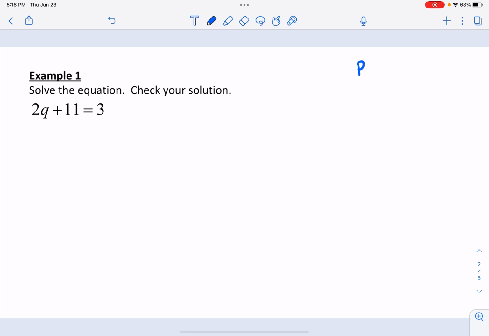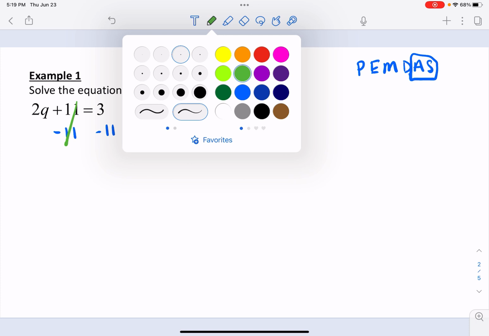Our order of operations was PEMDAS. So look at our variable q. First, we want to try and undo any adding or subtracting. So if I subtract 11 from both sides, then that cancels out the 11.